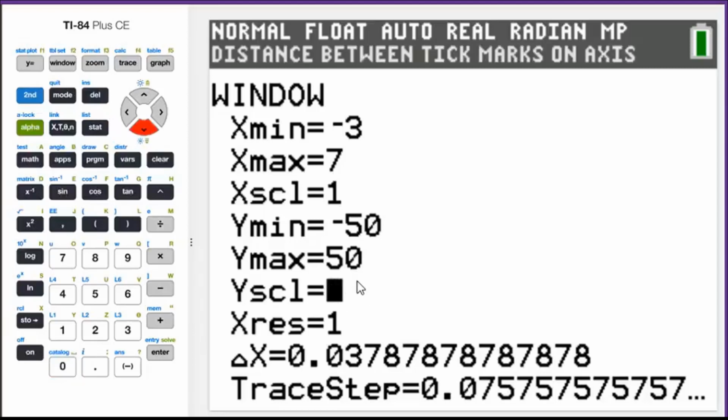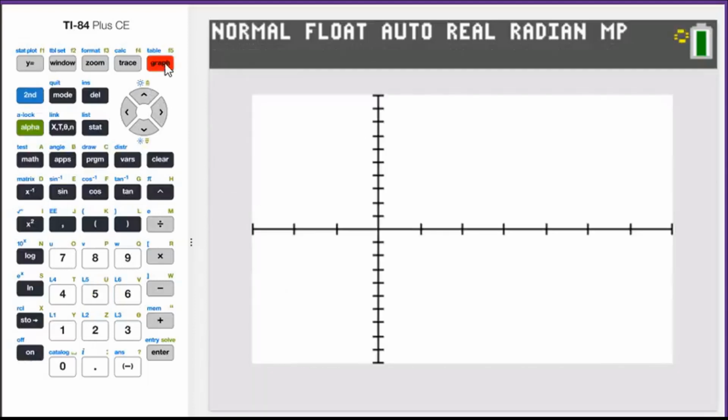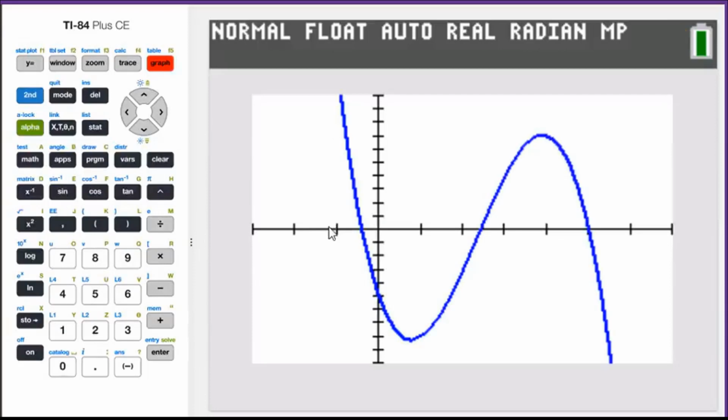So the scale I do divided by 10, that's 5. So I check the graph again. Yeah, this is a good graph. I could see the zeros so clear, and also the maximum and the minimum is really clear.